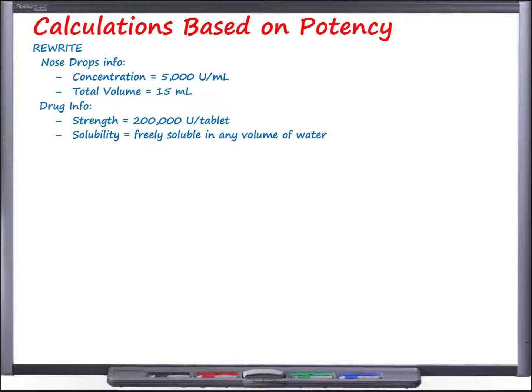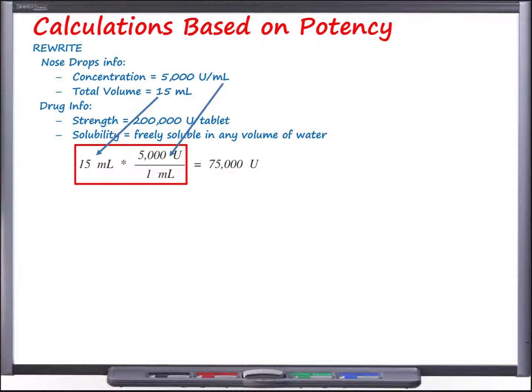All right, so here's all that information rewritten here. The first step, what is the first thing we're going to do? If I'm going to make 15 milliliters of nose spray total, and it has to have 5,000 units per mil, what is the total number of units I need to compound? This just reminds you where this comes from. We want a total volume of 15 mils.